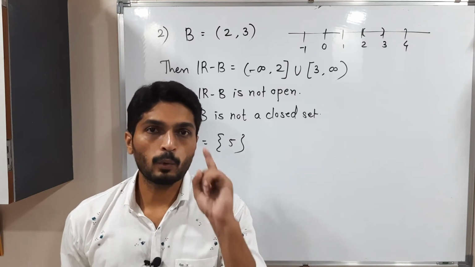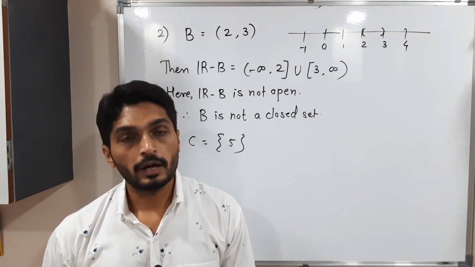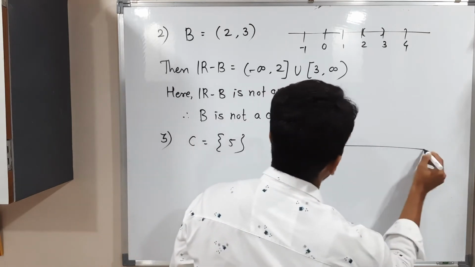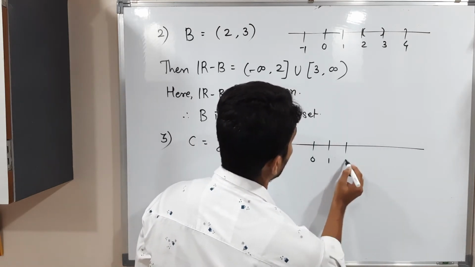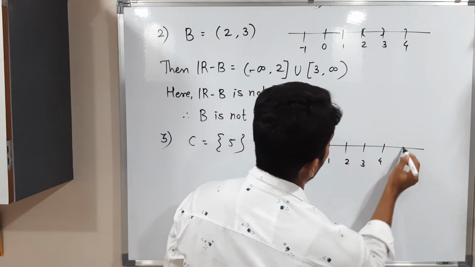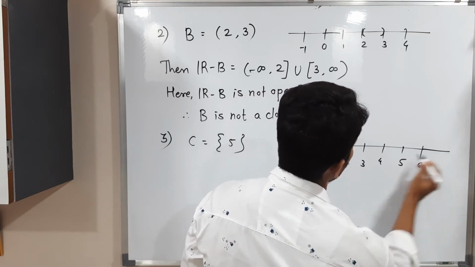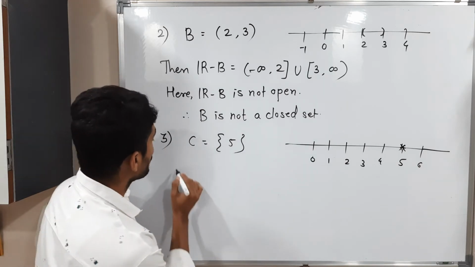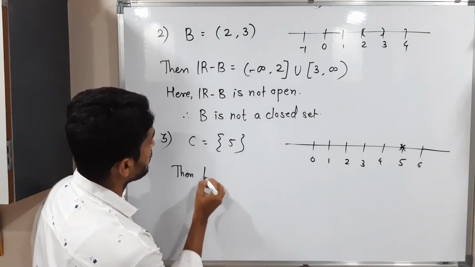Let us discuss one more example, set C, which is equal to the singleton {5}. In this set, we have only one element, that is 5, and we have to check whether this set is closed or not. So I will show you, suppose 0, 1, 2, 3, 4, 5, 6 and so on. Only the element 5 is in the set. So then what will be its complement?